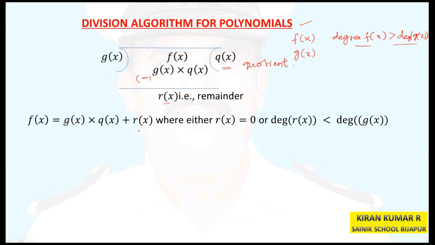In some cases where g of x is a factor of f of x, if one polynomial is a factor of another polynomial, we will be getting remainder as 0. Or else we have to continue our long division till we get the degree of the remainder lesser than the degree of the divisor.